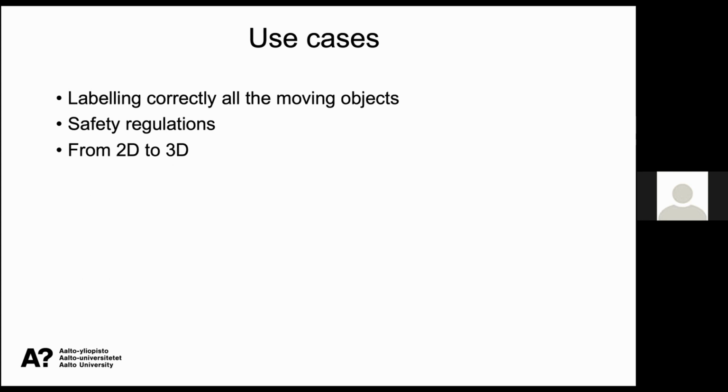And since I don't have the proper use cases, they could include something like this: that the object detection model labels correctly all the moving parts in the video, and there are some safety regulations at the place where the videos are from, for example that all the workers need to have a helmet, or there should be some minimal distance between two machines.